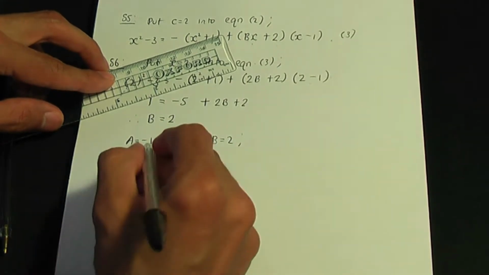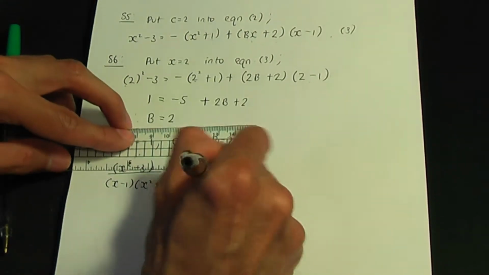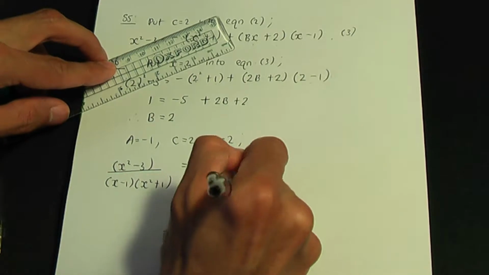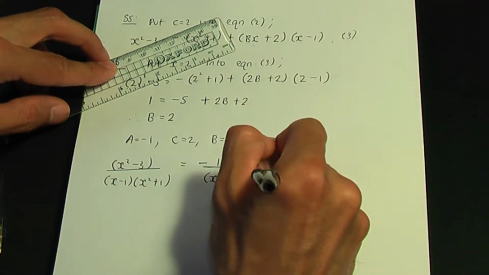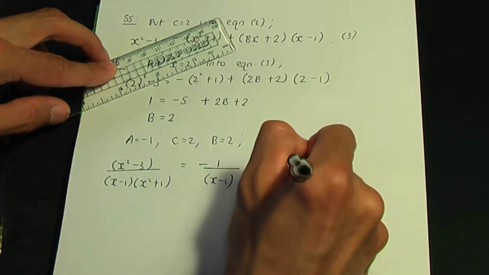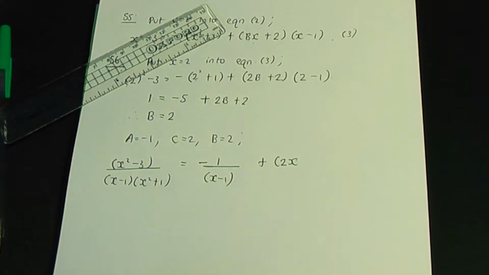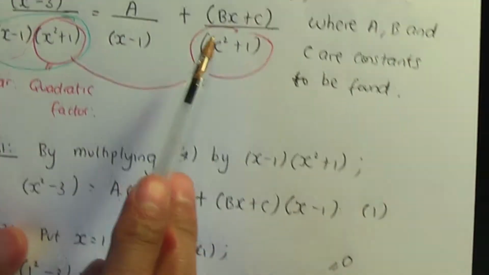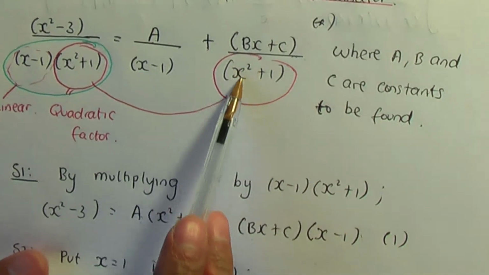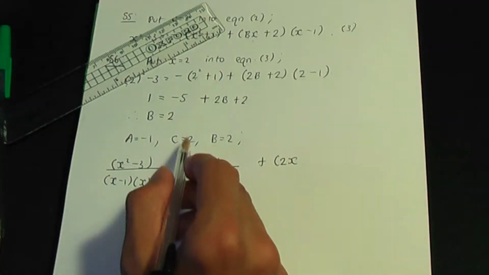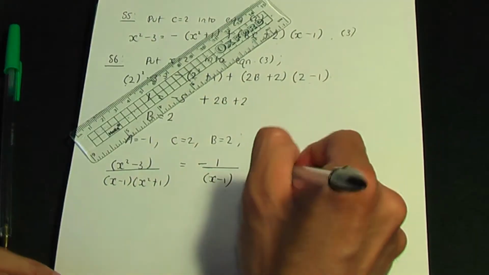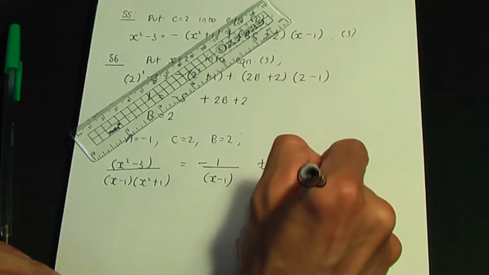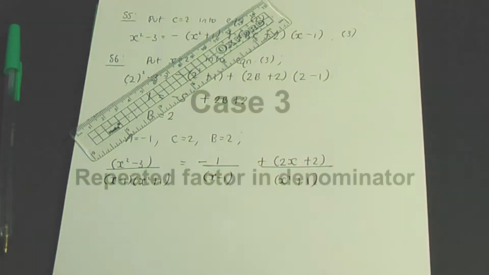That is the same as a is minus 1, so minus 1 over x minus 1, plus b, so b is 2, so it's 2x, remember, quickly going back, it's bx plus c, so it's going to be 2x plus c, which is 2, divided by x squared plus 1.